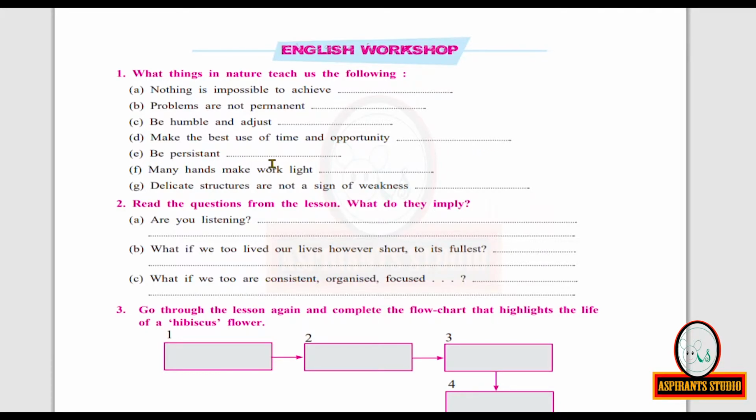Be persistent. You can write ants, water. Many hands make work light. You can write ants. Delicate structures are not a sign of weakness. You can write spider webs.